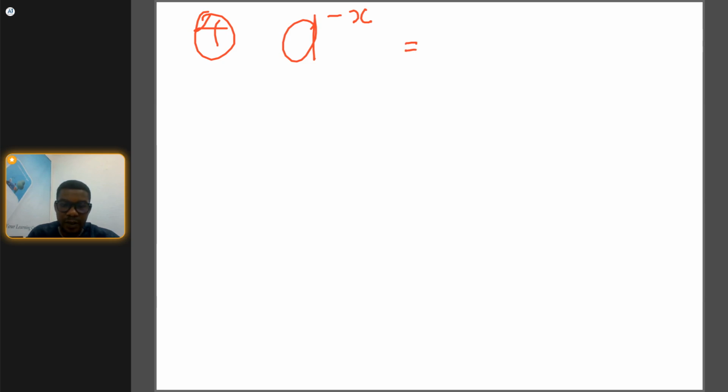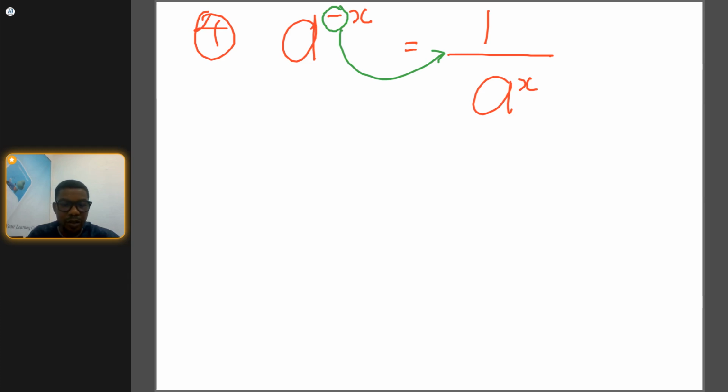That will be 1 over a raised to power x. That is, the minus we have here has changed to division. And that is why we have 1 over a raised to power x.